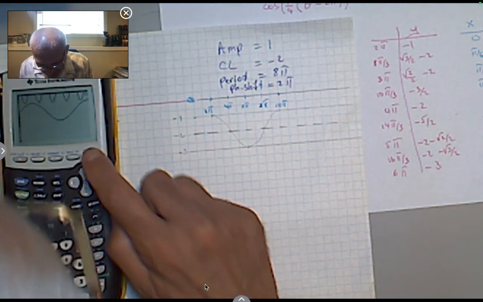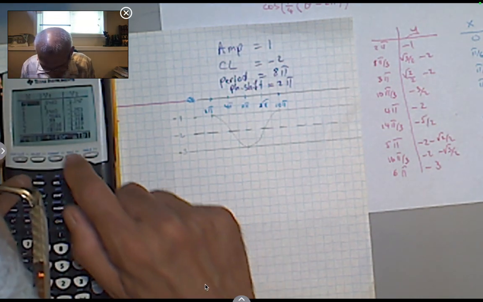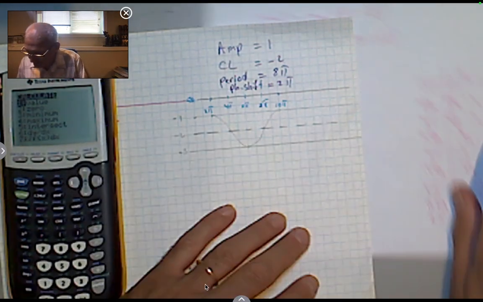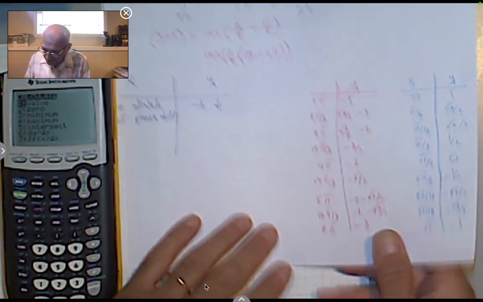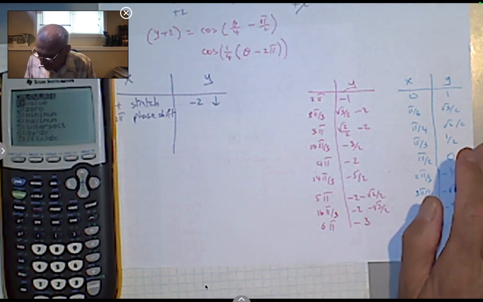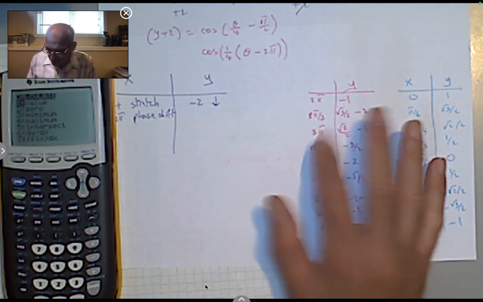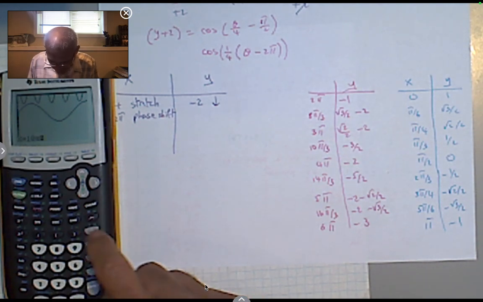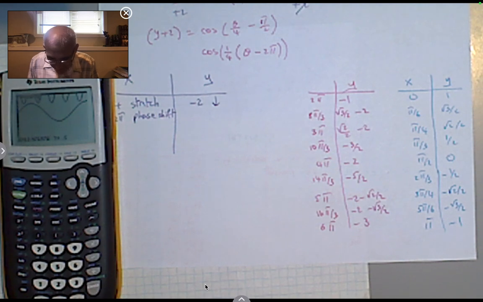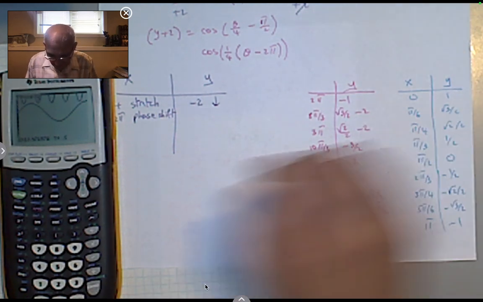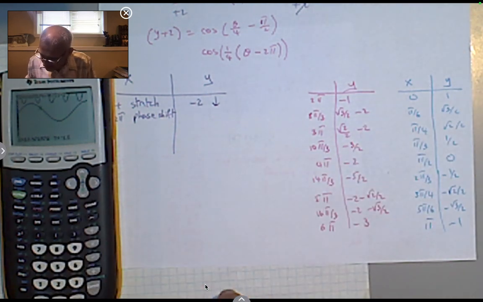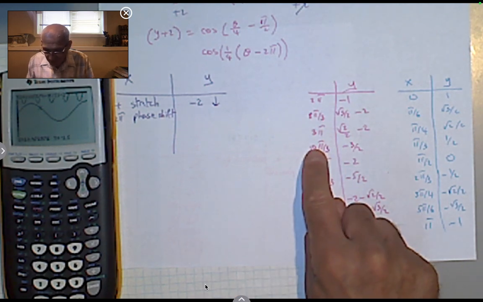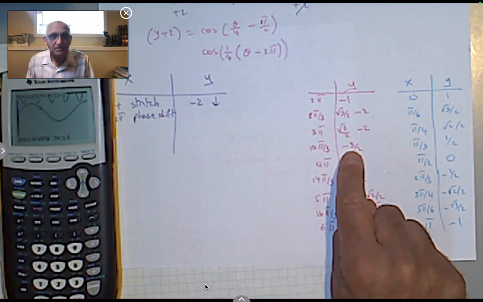If we pick a couple of values, we can do, say, 10 pi over 3. It's 1/2 here, but for the other one, it's -1.5. Yes, negative 3/2.